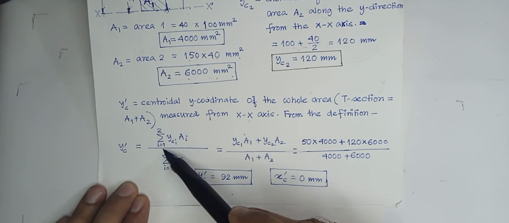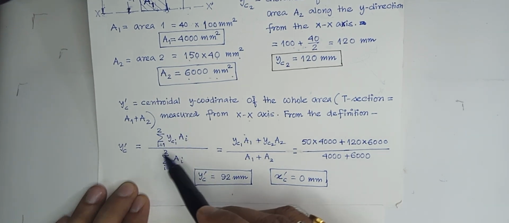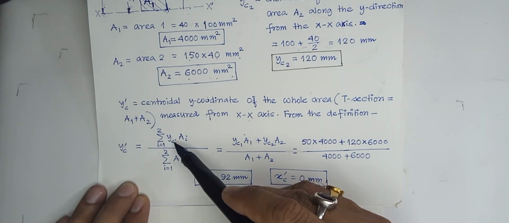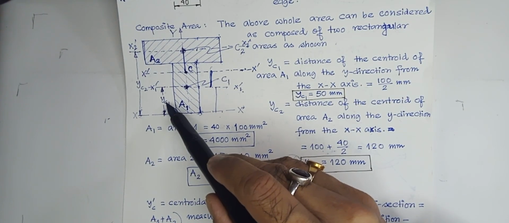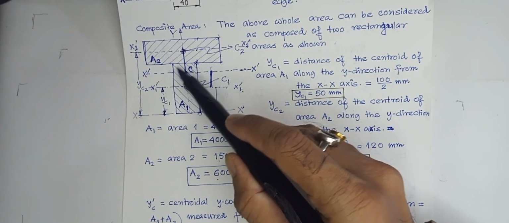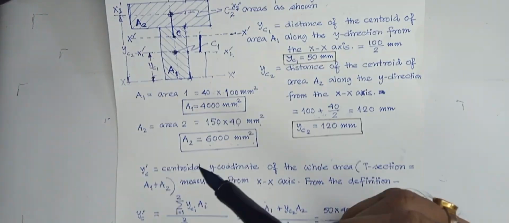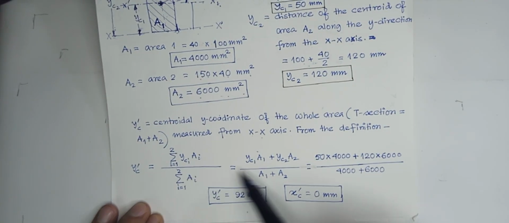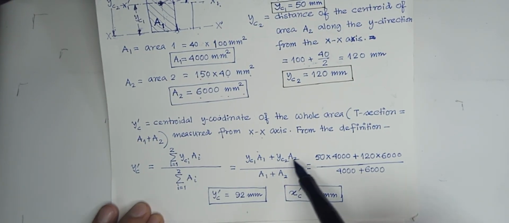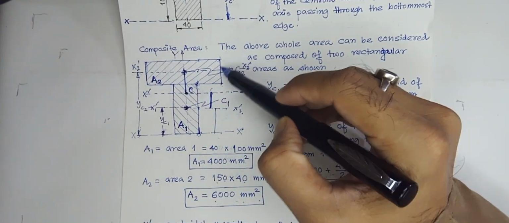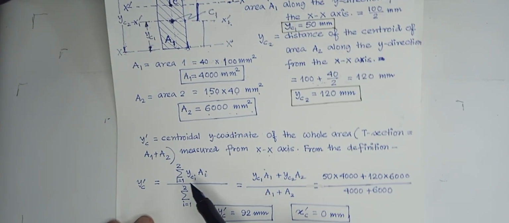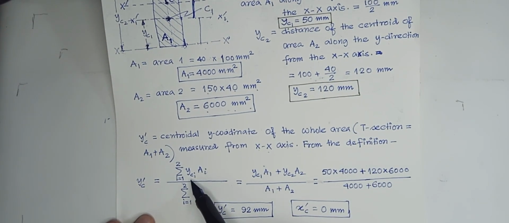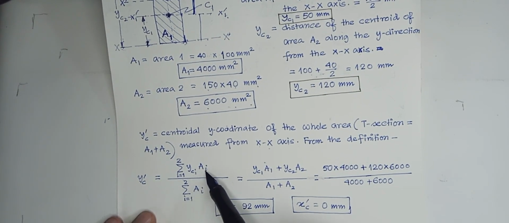Two regular areas are there, therefore i will vary from 1 to 2, therefore it is yci ai. So yc1 multiplied by the first area, and then plus yc2 a2. So that is the sum of the product of yc and area.